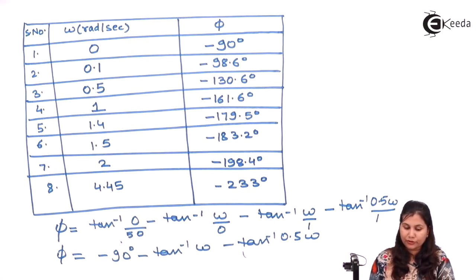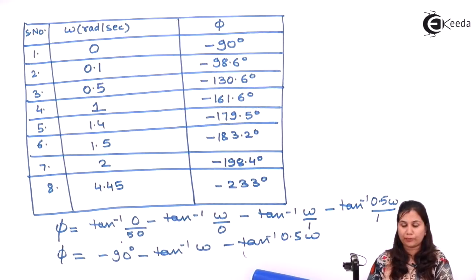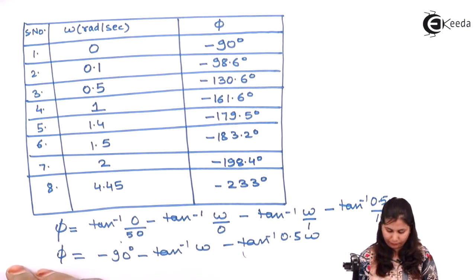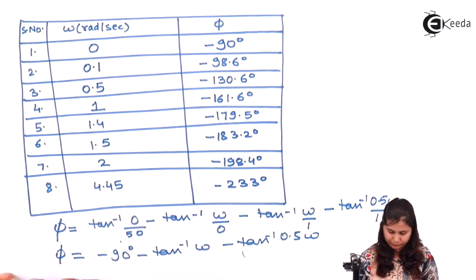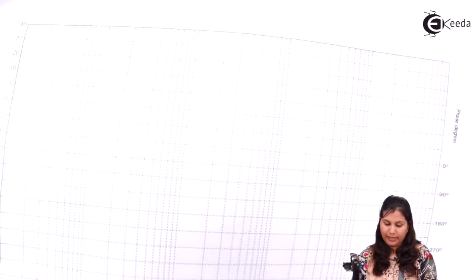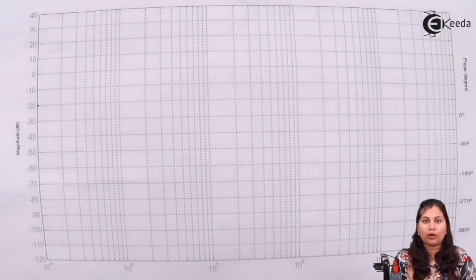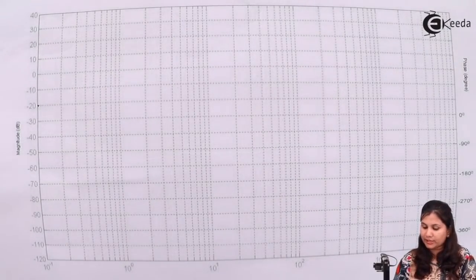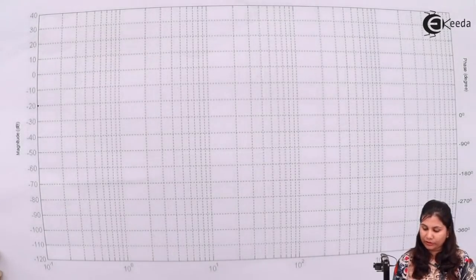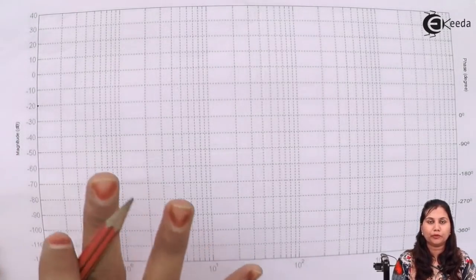So let's draw the Bode plot for this problem. Whenever we want to draw the Bode plot, it is drawn on a semi-log graph. So this is a semi-log graph and on this we are going to draw the Bode plot.